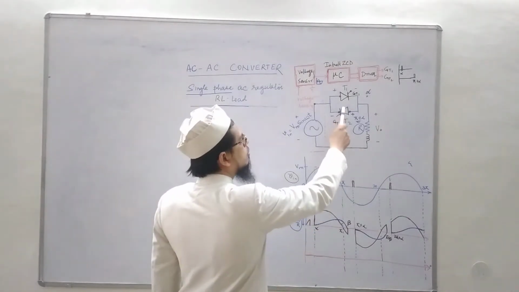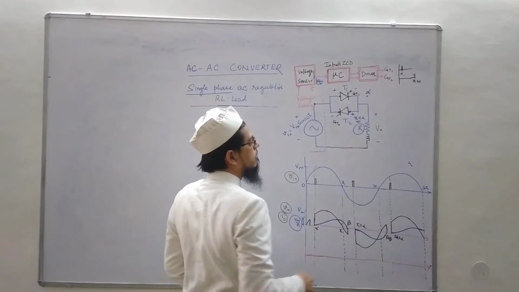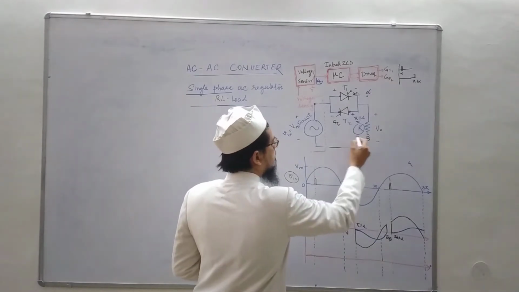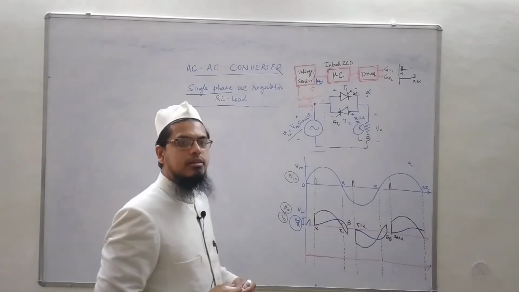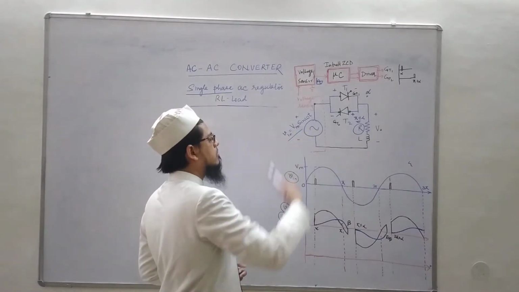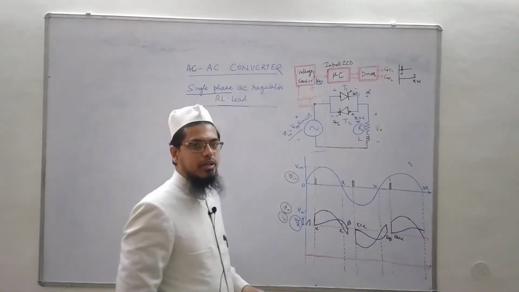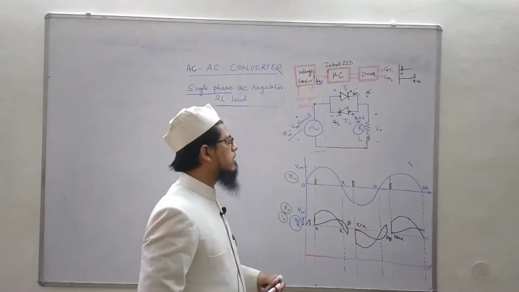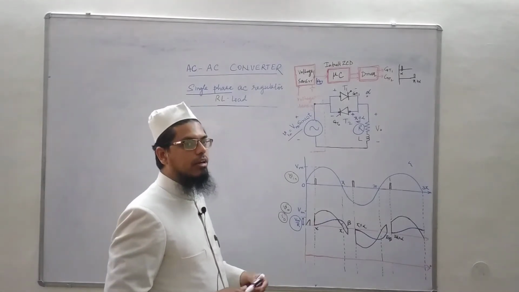We have got two SCRs in anti-parallel and we have got this RL load, and it is fed from a sinusoidally varying mains supply, and I have symbolically represented it by Vm sin omega t, where Vm is the peak value of the sinusoidal voltage and omega is the angular frequency.